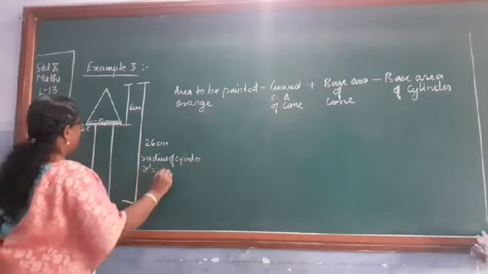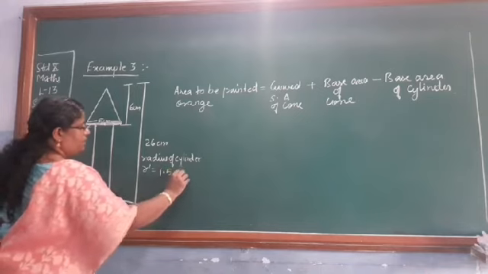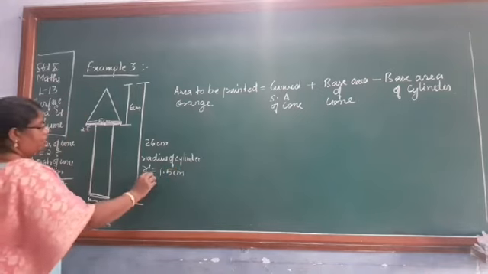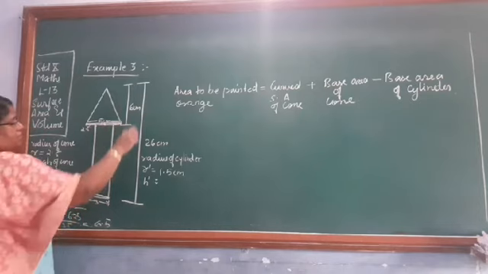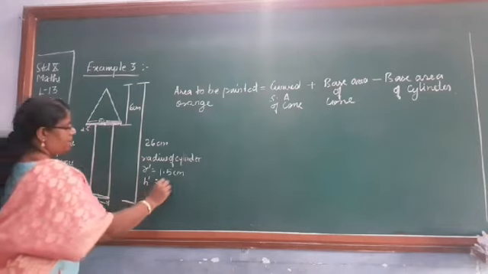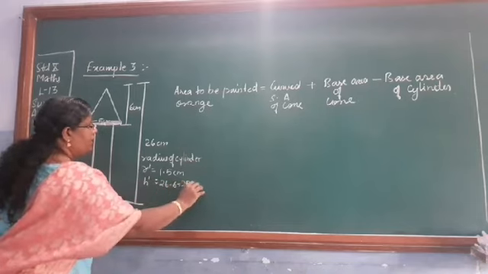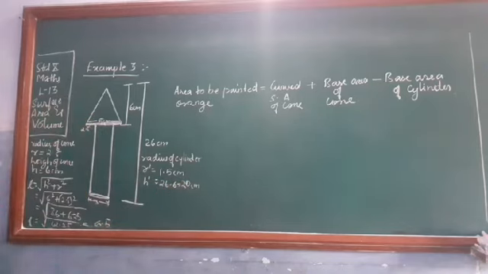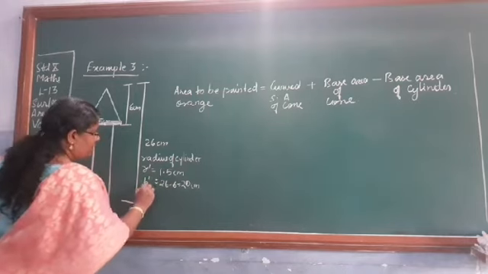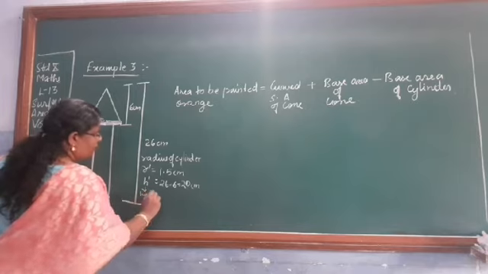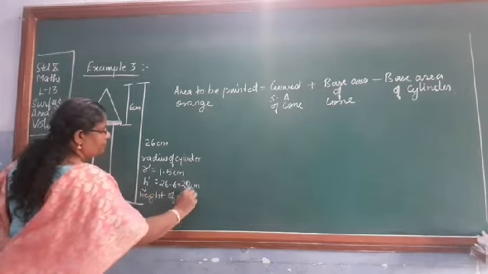R dash would be 1.5 centimeters. Okay, and h dash, the height of the cylinder, how much would it be? This whole thing is 26 minus 6, which is equal to 20 centimeters. So I get my h dash. This is the radius of the cylinder, and this is the height of the cylinder.